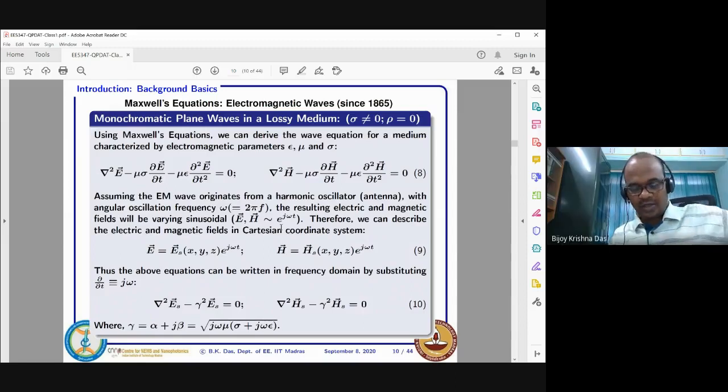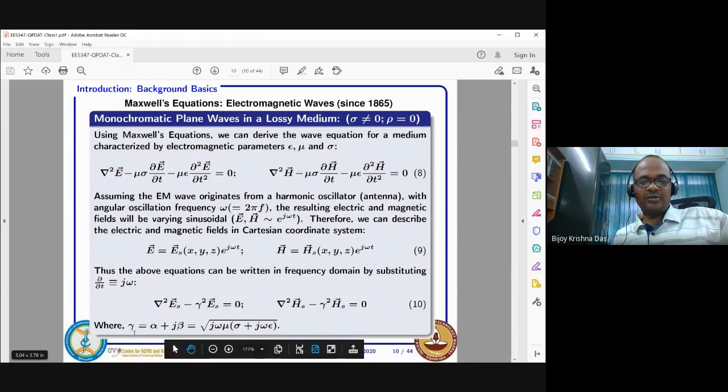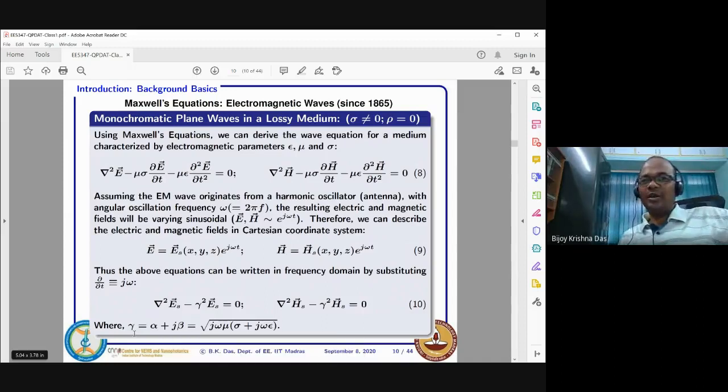No, that is actually a little bit of confusion, and you should clarify that. You see, when gamma is complex, then either the medium is lossy or it is a gain medium. That is clear. If gamma is complex, you should not confuse gamma with beta.